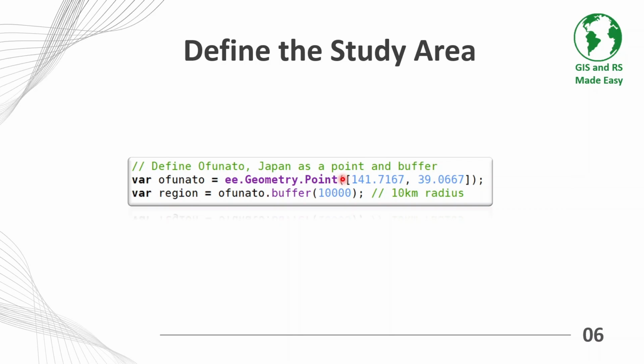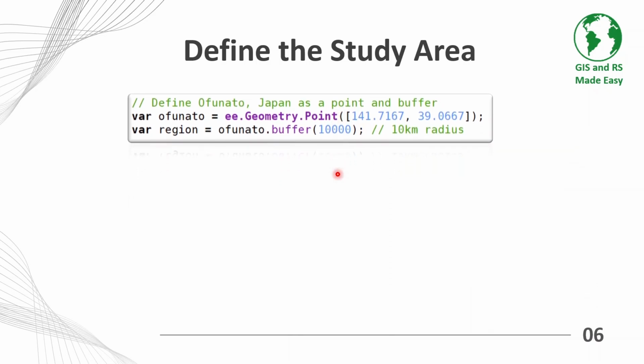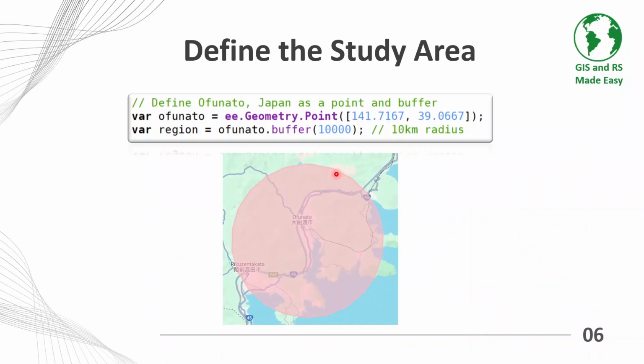And the coordinate of this area is this. And we use the ee.Geometry.Point function. Then we will make another variable named region, which will be 10 kilometers around this point. So our study area will be a circle around the point.